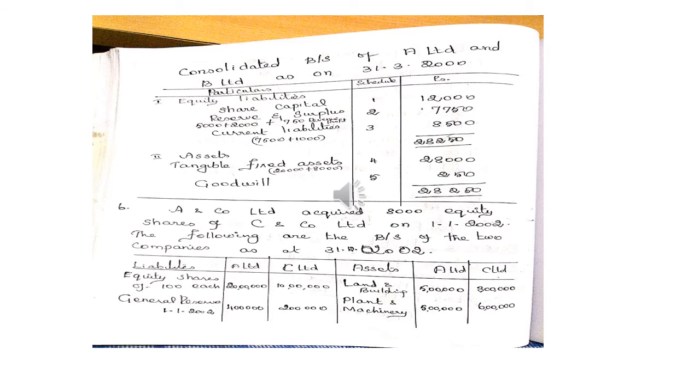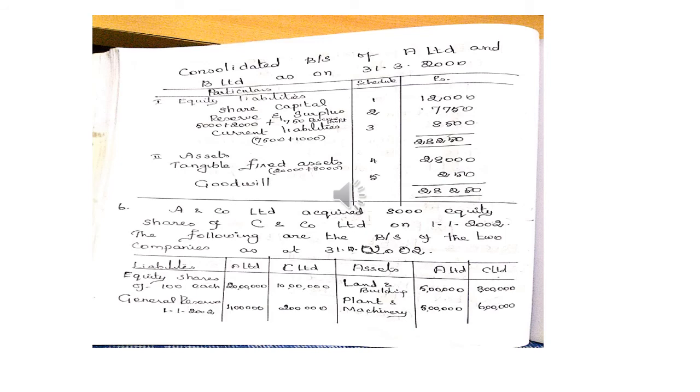Current liabilities, that means sundry liabilities 7,500 plus 1,000. Total is 8,500. The grand total of equity and liabilities is 28,250. Then assets. The fixed assets of holding and subsidiary company is 20,000 plus 8,000, 28,000.